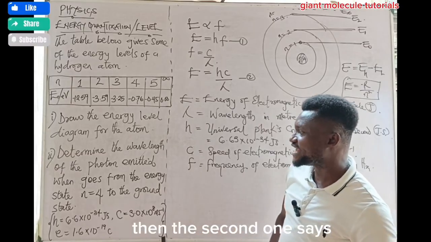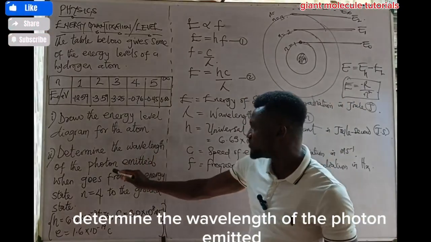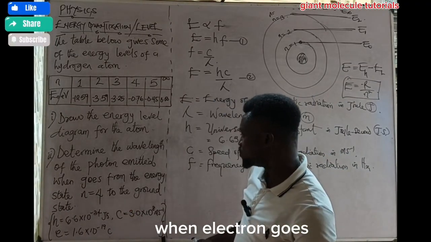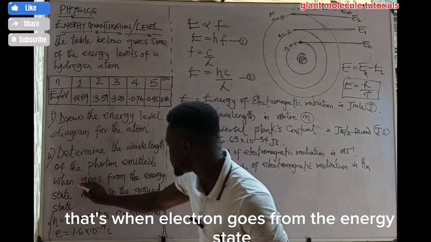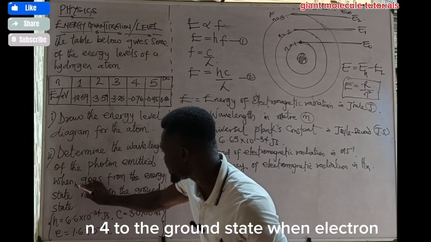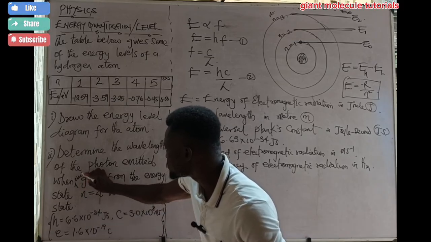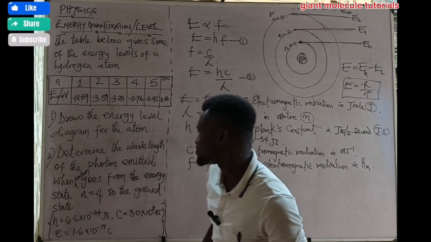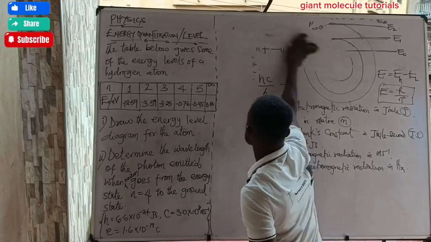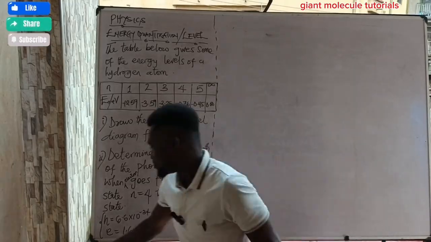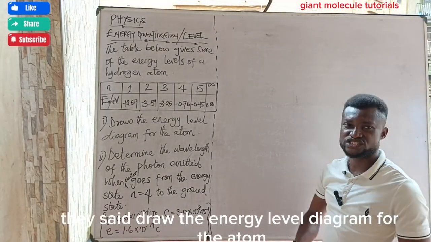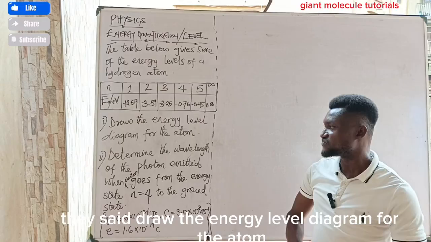Then the second one says, determine the wavelength of the photon emitted when an electron goes from the energy state n equal to 4 to the ground state. Okay, so let's start with number 1. They said, draw the energy level diagram for the atom.